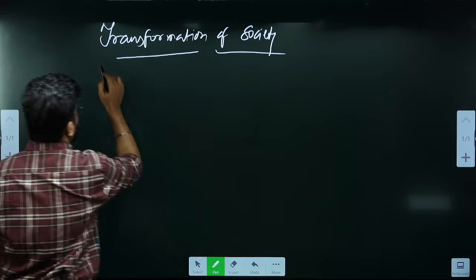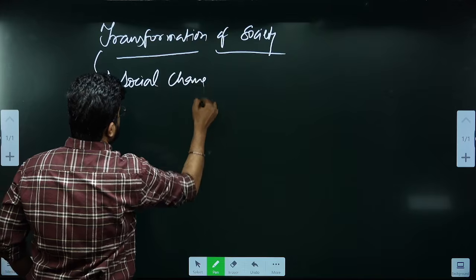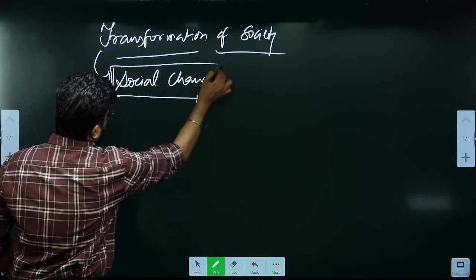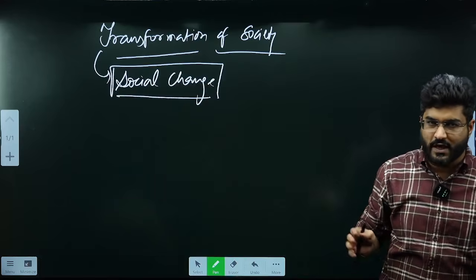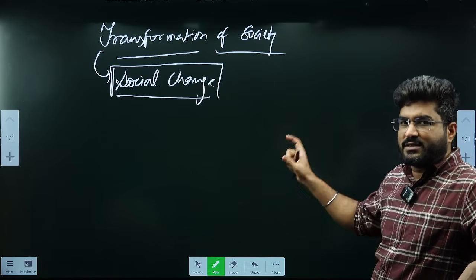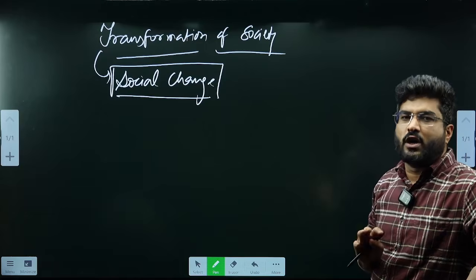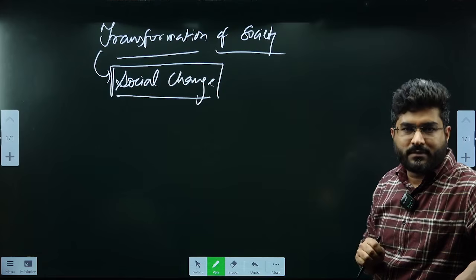This transformation is nothing but social change. So a subject which is born because of social changes which we have seen in Europe, which we will be dealing with later on in the lecture, makes the crux of the whole sociology which we're going to focus upon from paper 1 to paper 2, from the first chapter to the last chapter.